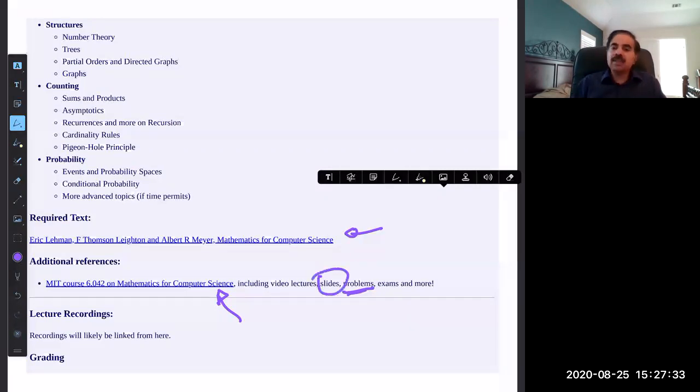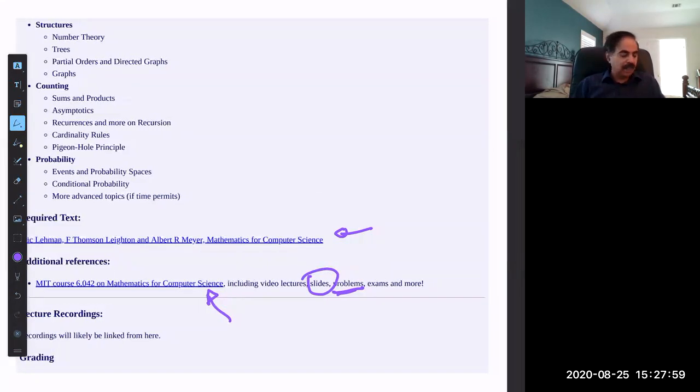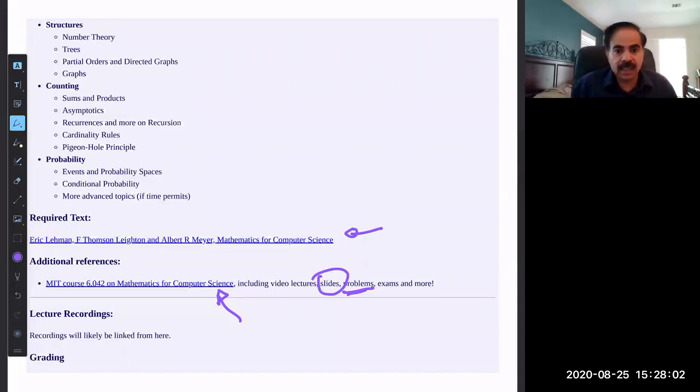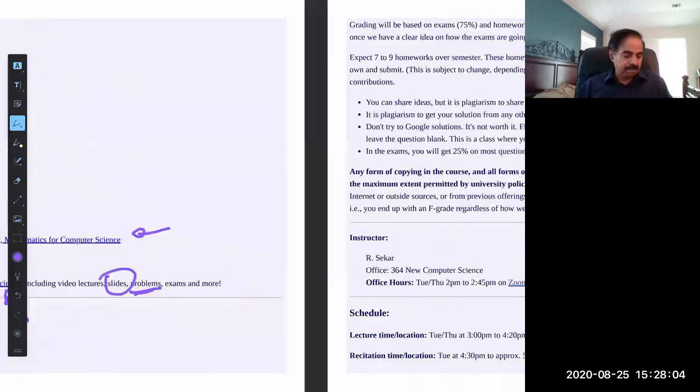Some of the slides may be interesting, and take a look at them, because you will learn. Obviously, you can learn more by looking those up, because what we will cover here is going to have some commonality with what they teach, but there will also be a lot of differences, and therefore, if you look at that material, you will know about some new topics that we don't get to cover in the class here.